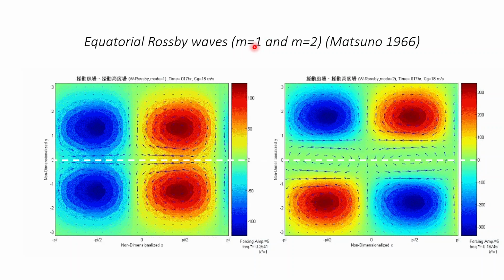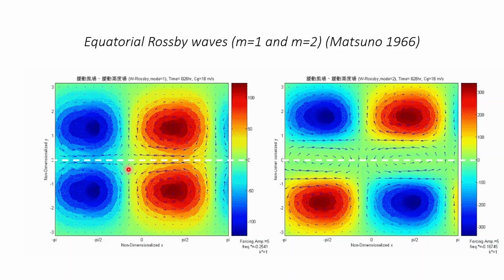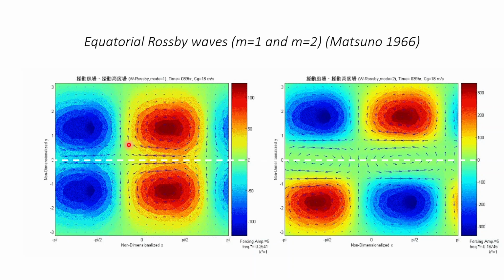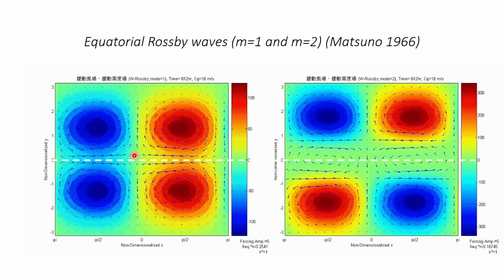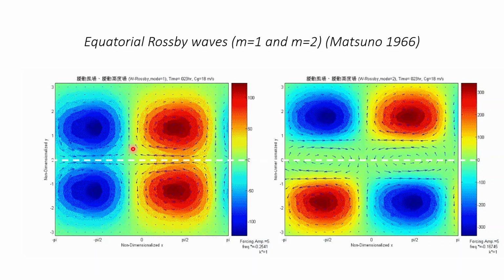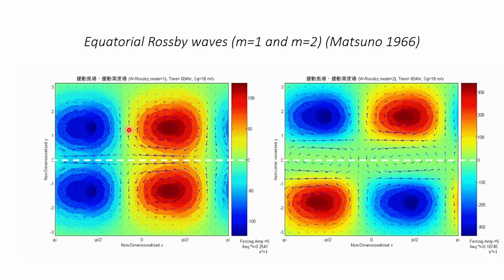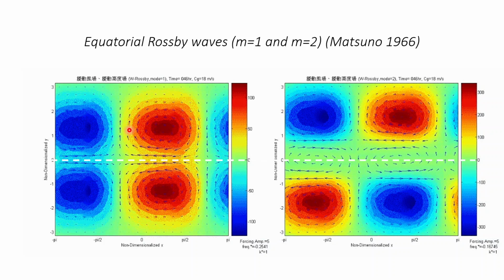For m equal to 1, there is one nodal point. Here, the nodal point for meridional velocity is at the equator. So you see the meridional velocity is 0 at the equator, and it is antisymmetric.